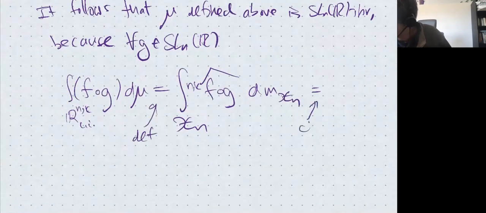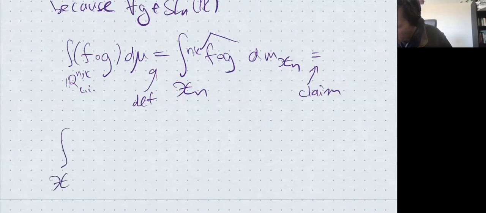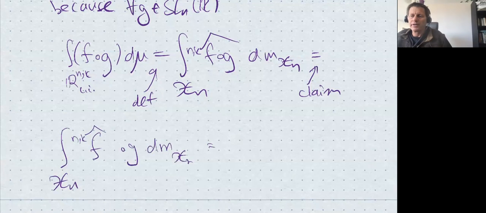Now we just use the previous claim, and we get this. But the Haar-Siegel measure is invariant, so this gives this.